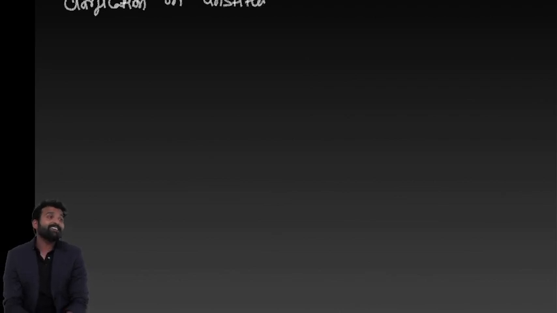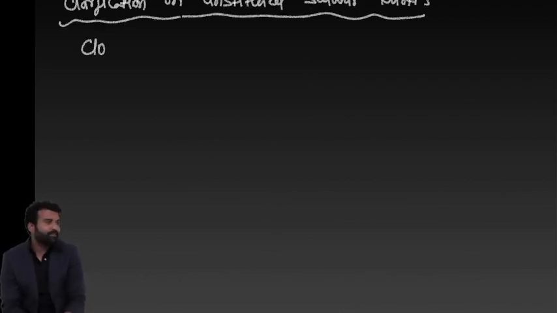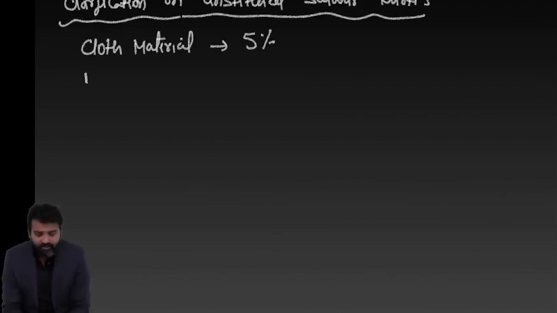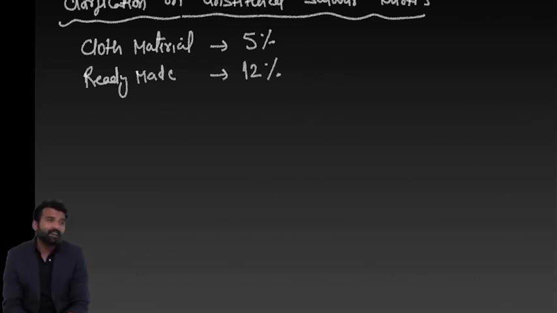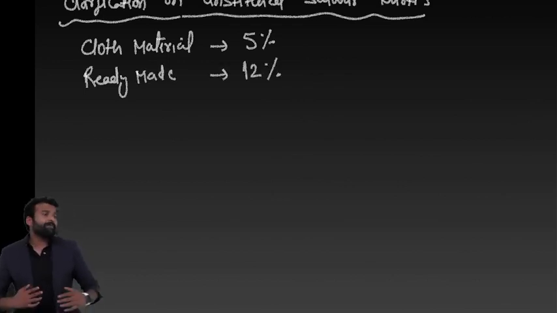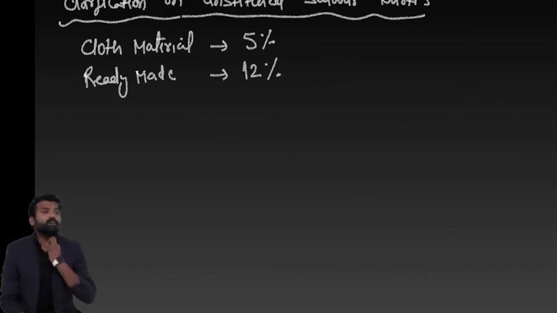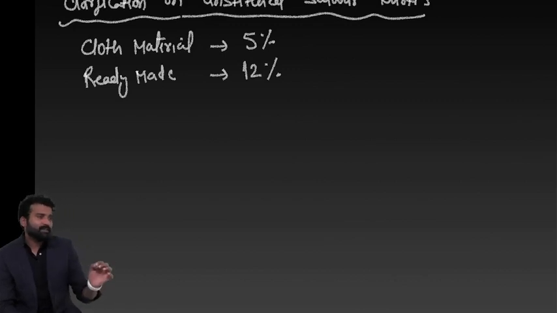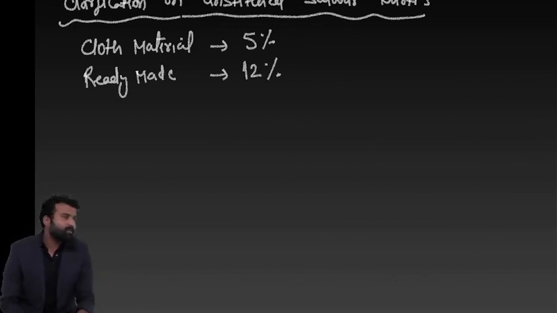This is one more interesting case. Clarification regarding unstitched salwar suits. There is one more clarification by the Board regarding unstitched salwar suits. What is happening is the rate of GST on clothing material is 5%, and the rate of GST on shirts, t-shirts that we are wearing is 12%. Ready-made clothes rate of GST is 12%. Unstitched cloth material rate of GST is 5%.